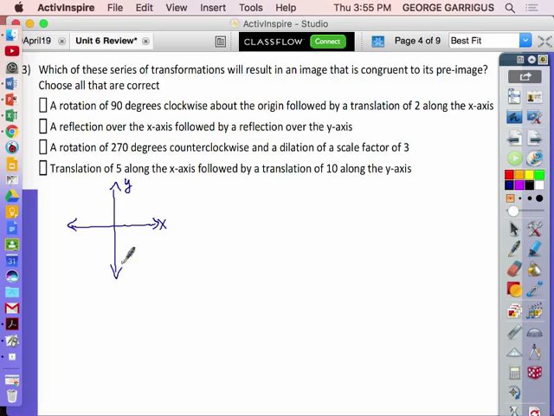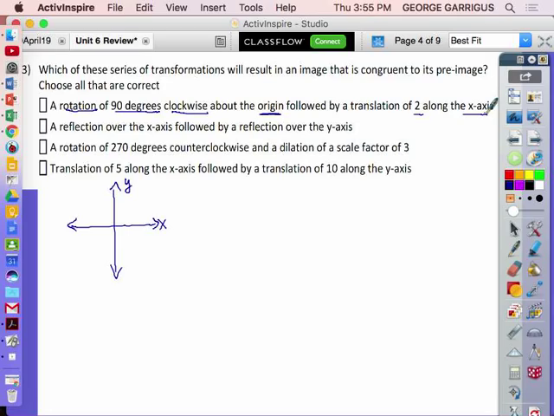And let's look at the first one. Rotation of 90 degrees, okay? That's from like 12 o'clock to 3 o'clock. And we're going about the origin. Now, if it's a positive rotation, it's going to rotate clockwise, followed by a translation of 2 along the x-axis.